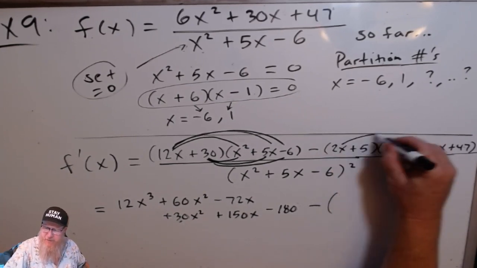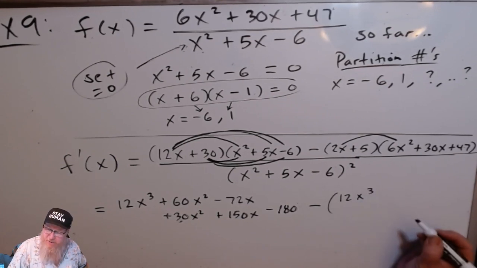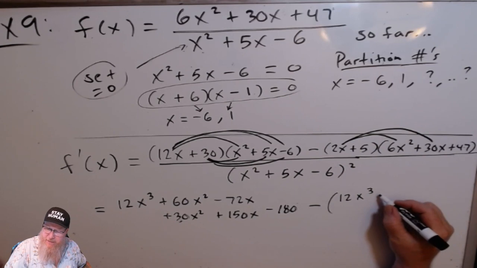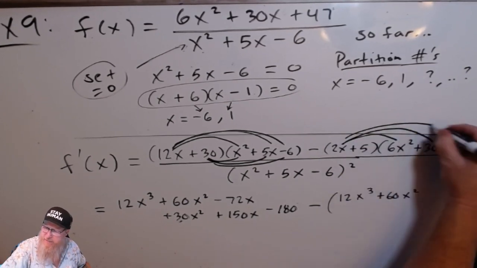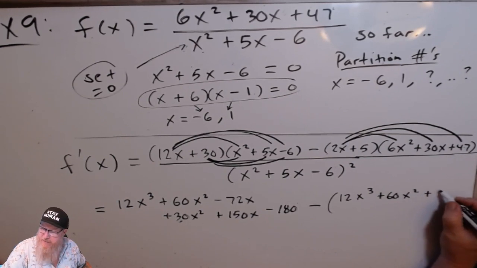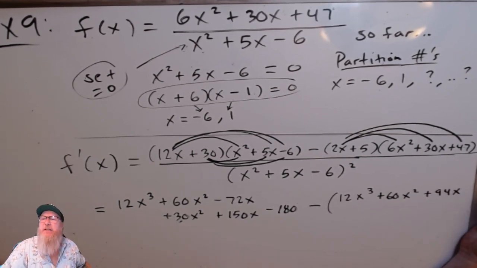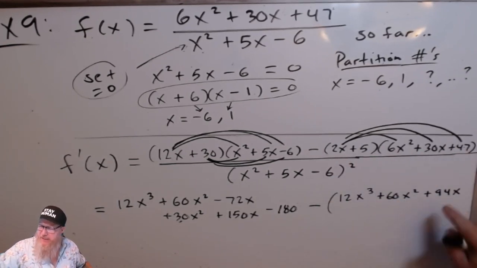Now let's do this one. Tops: 12x cubed, 60x squared, 94x. Yeah, 2 times 40 is 80, and 14 is 94.